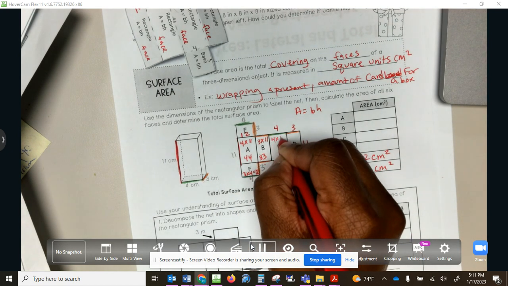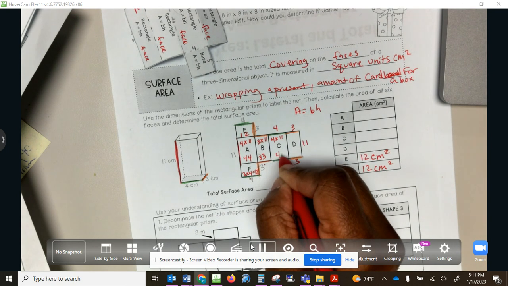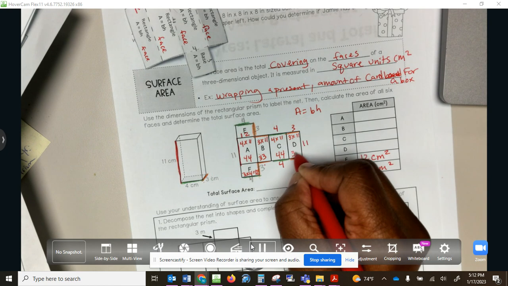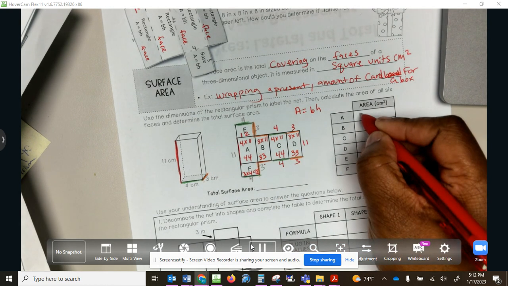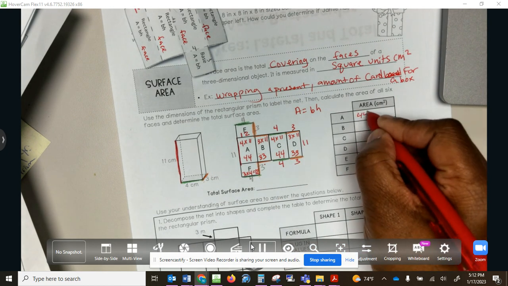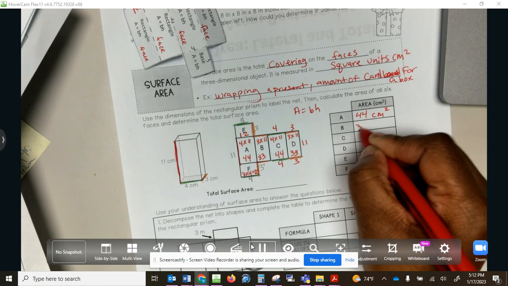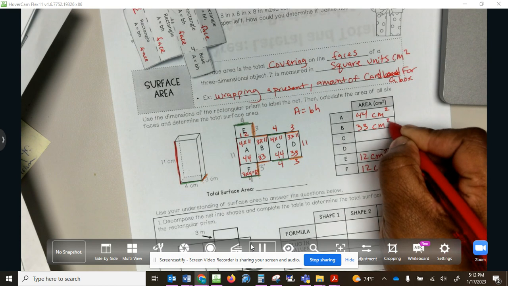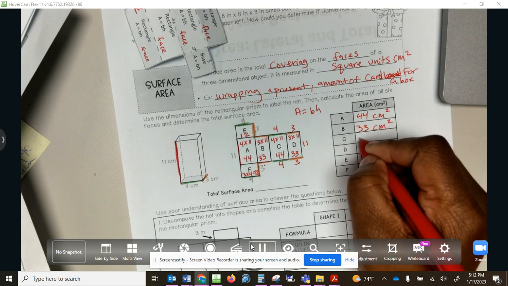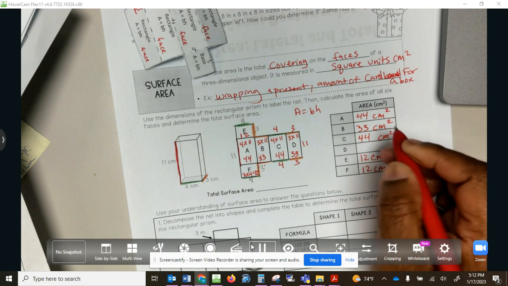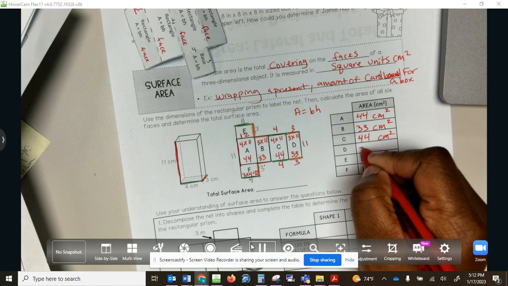This is 4 times 11, which is 44. And this is 3 times 11, which is 33. So when we look at it, this A is 44 centimeters squared. B, 33 centimeters squared. C, 44. And D, 33.